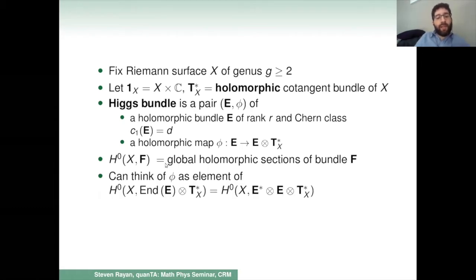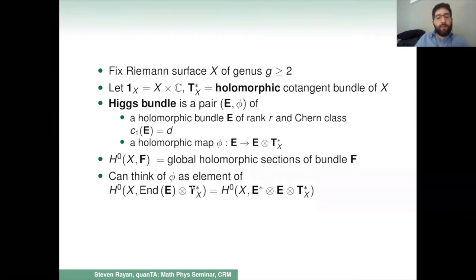Once I have that notation in place, then I can think of this map phi as a global section. It's a global map on the Riemann surface that's an endomorphism of E, a map from E to itself, again tensor by the cotangent bundle.